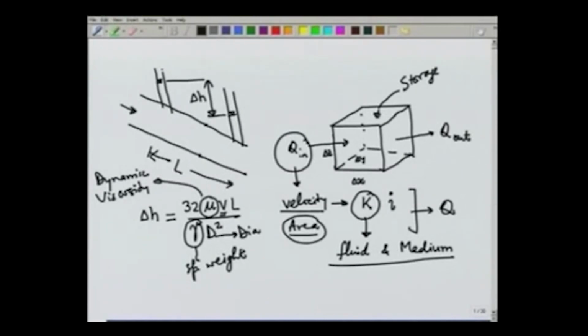If we want to compare this with flow through porous media, we can think of the d as being the diameter of the particles, because that will be related to the diameter of the pores.